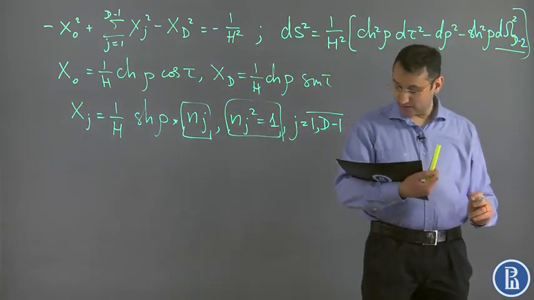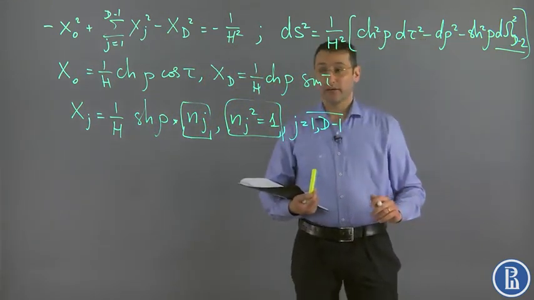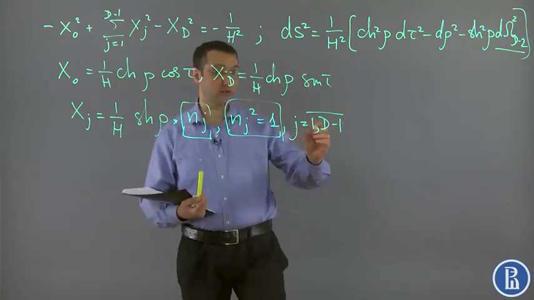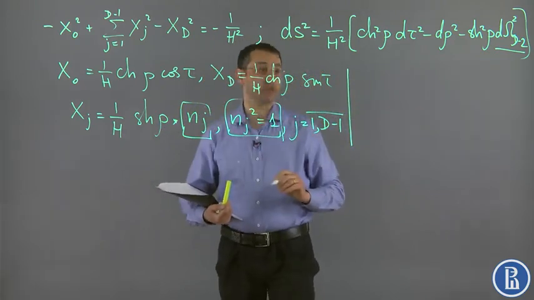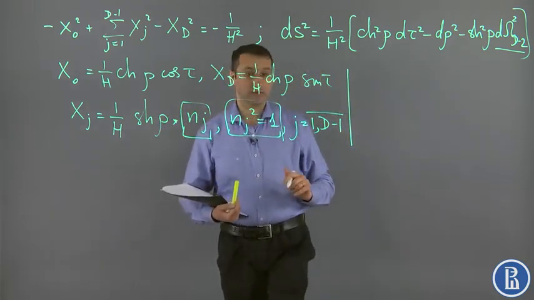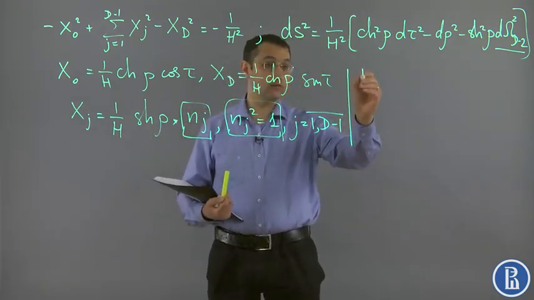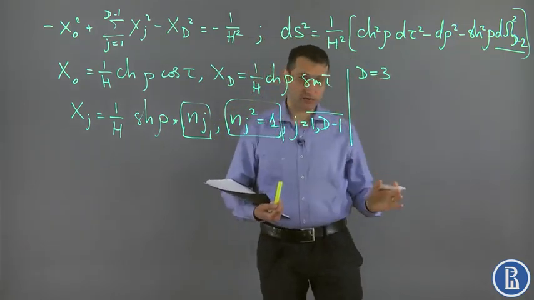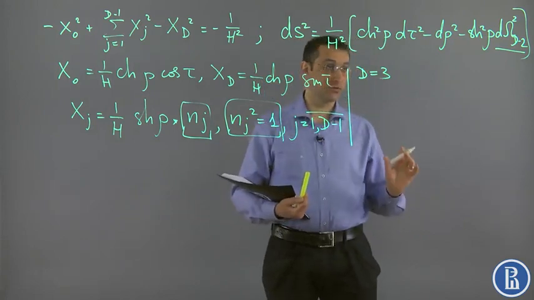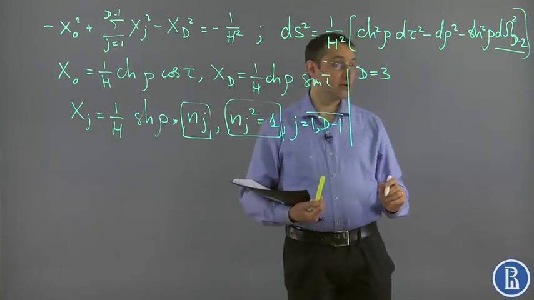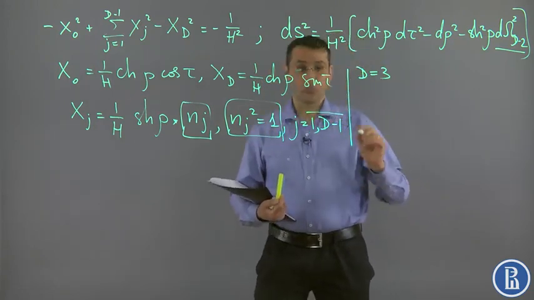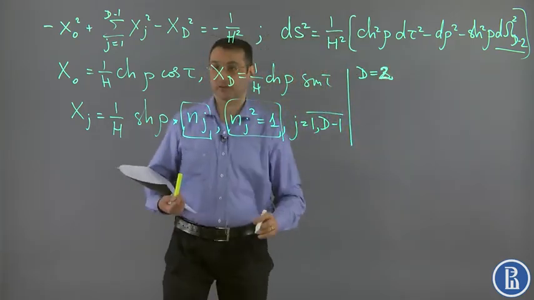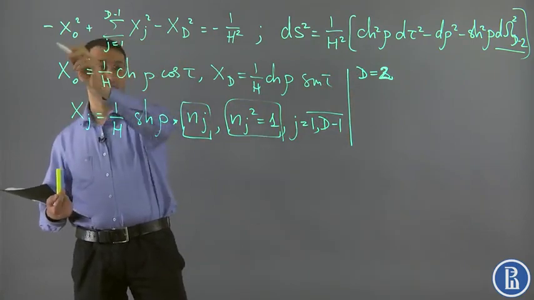One can see immediately, and one important comment to make here, is the following: if we are dealing with d equals 2, two-dimensional anti-de Sitter space, because then we have d plus 1 coordinates, of course.